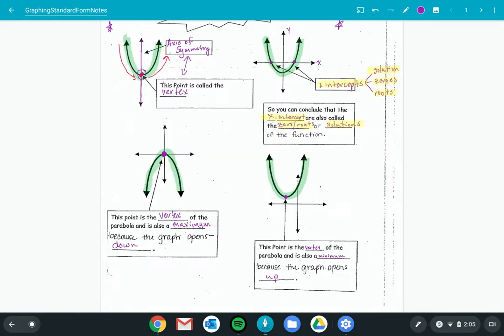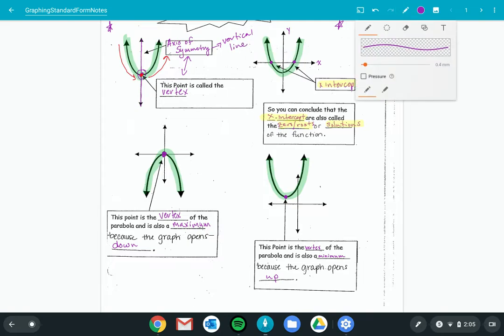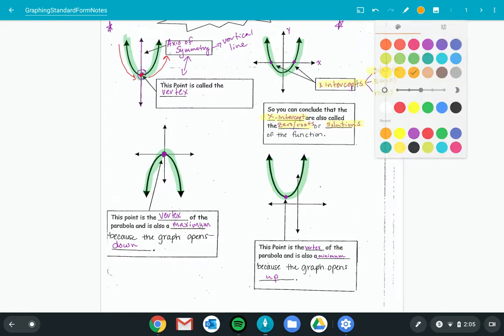In particular, look at what kind of line the axis of symmetry is. It's a vertical line, okay? Keep in mind, this axis of symmetry is a vertical line. Okay, I'm going to highlight that. It's important. Let's pick orange.